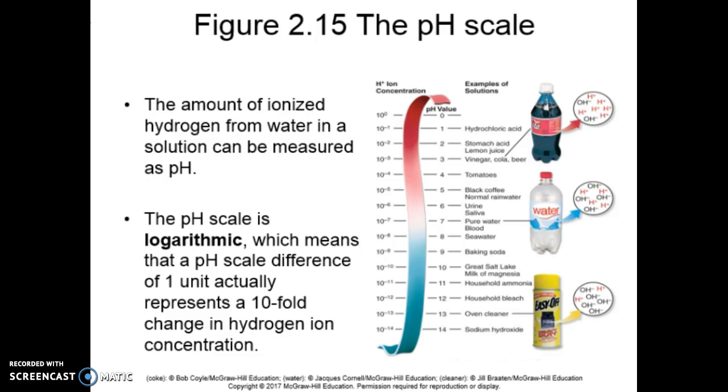Pure water, or neutral pH, is right here at 7. So since this is a logarithmic scale, if you see 10 to the negative 7 power, that's actually how many hydrogen ions there are and how concentrated this solution is. So pure water is 7, or 7.0, neutral. So here's an example.